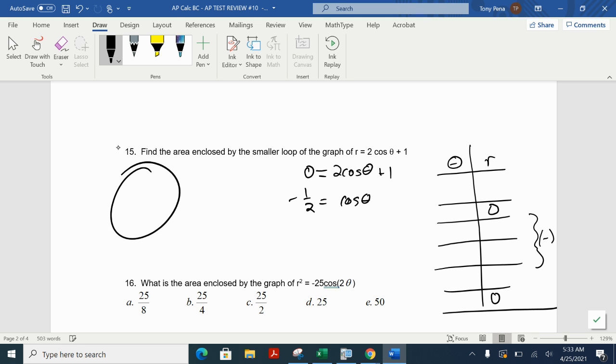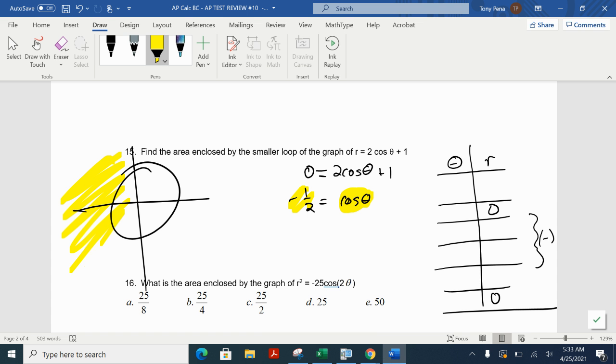And then what we're now thinking is, on our circle, what angle, so what we're solving for is theta here, that's the variable in this equation. What angle has an x coordinate of -1/2? We have to be in these 2 quadrants because that's where our x coordinates are negative.